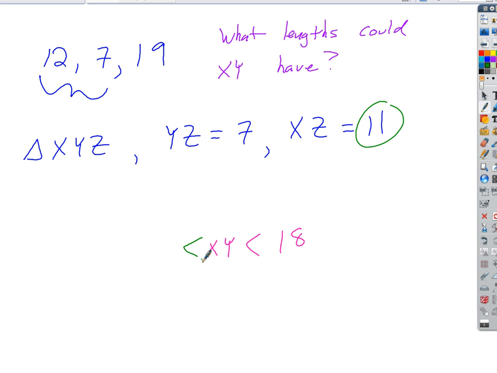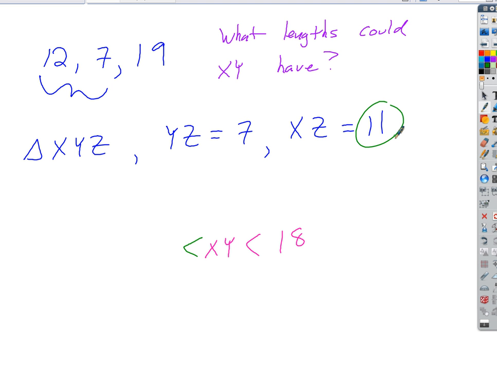XY is going to have to be greater than what if this is the longest side? If XY is the biggest side, well then it couldn't be too big. It'd have to be less than 18. So it could be 12.1. What's the smallest it could be though?